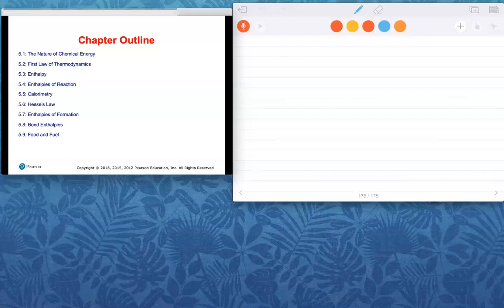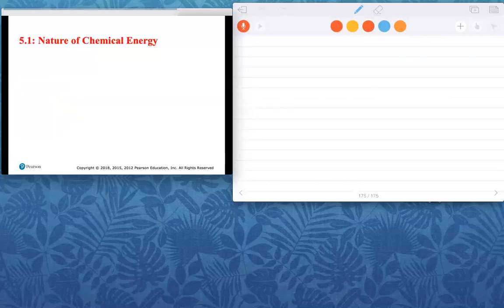And lastly, the food we eat. Sometimes you are curious or cautious about the energy content of the food you eat, okay? When you go to Subway, they are mandated to indicate the caloric content of their food. Why? We will talk about it in section 5.9 and see how to determine the caloric content of food.